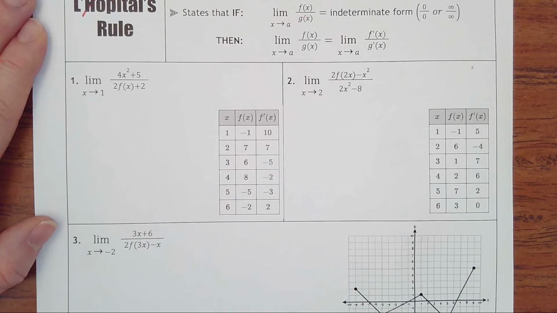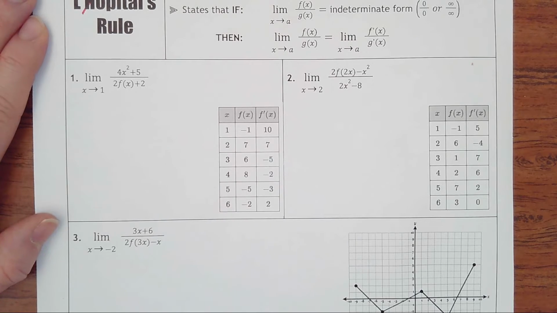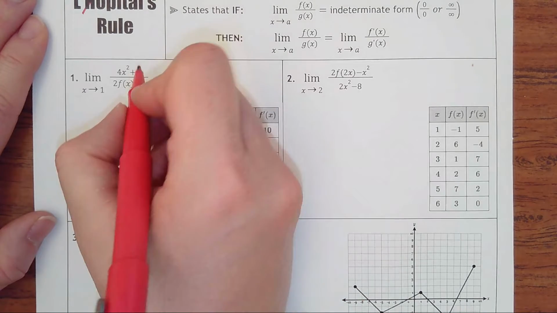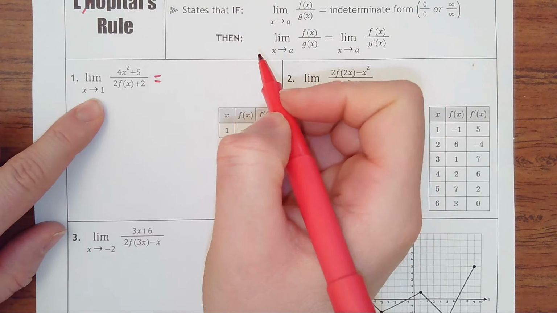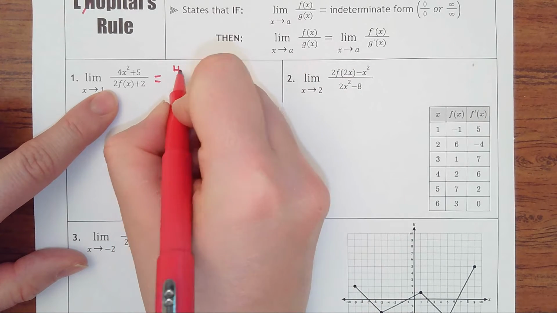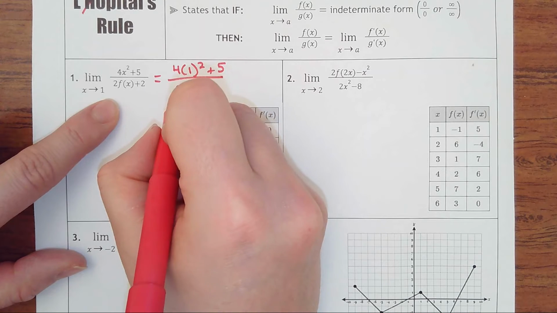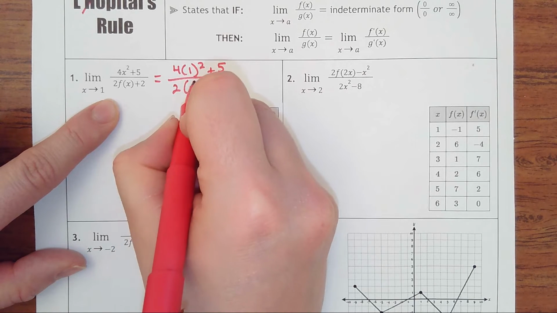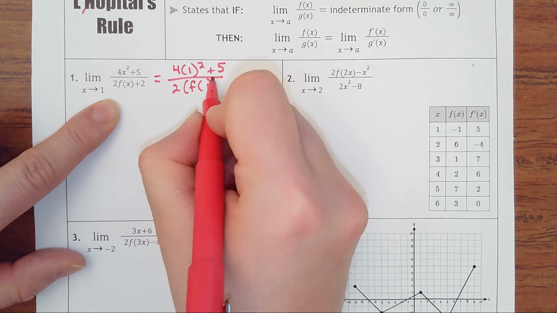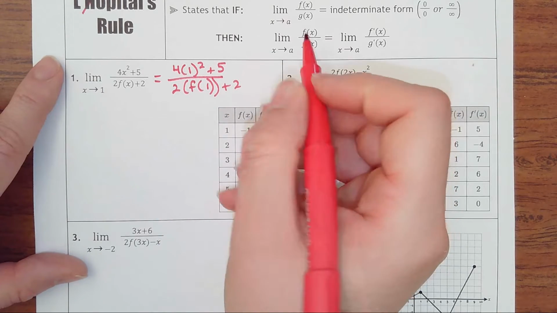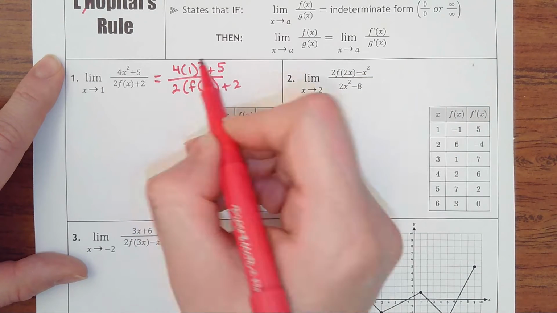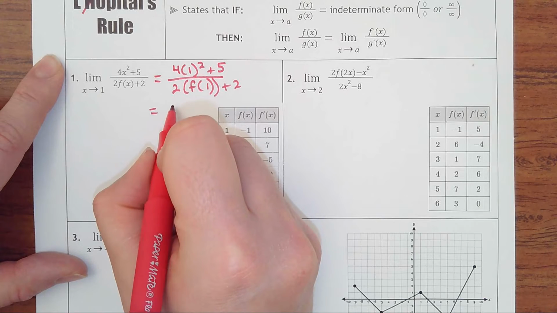Your first thing is make sure that L'Hôpital's rule applies. Sometimes it doesn't. So we just want to do a direct substitution here by plugging in 1: 4 times 1 squared plus 5 over 2 times f of 1 plus 2. 1 squared is 1 times 4 is 4 plus 5 is 9.